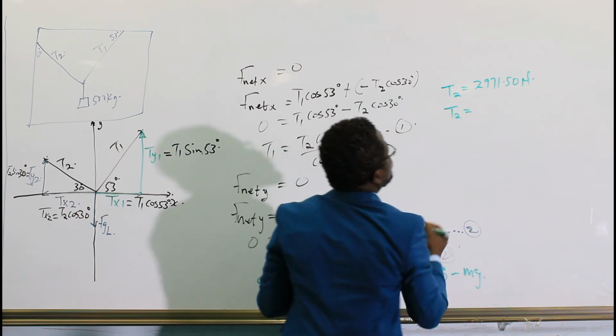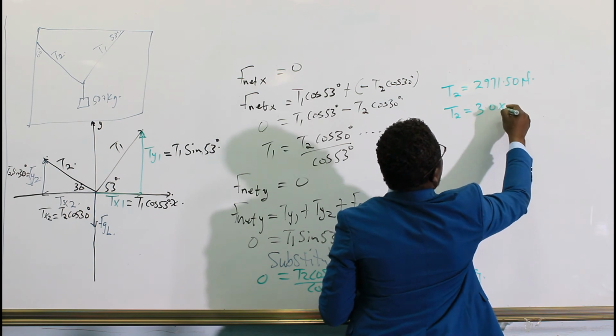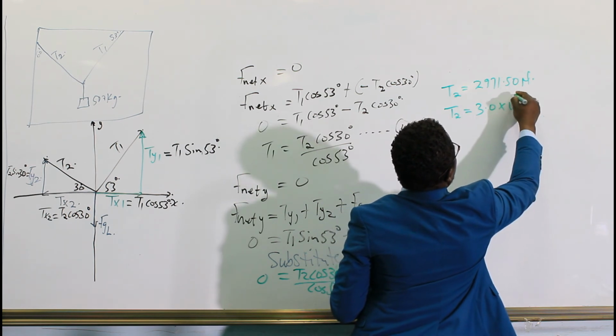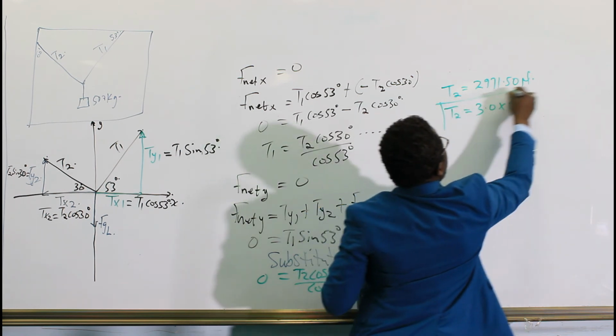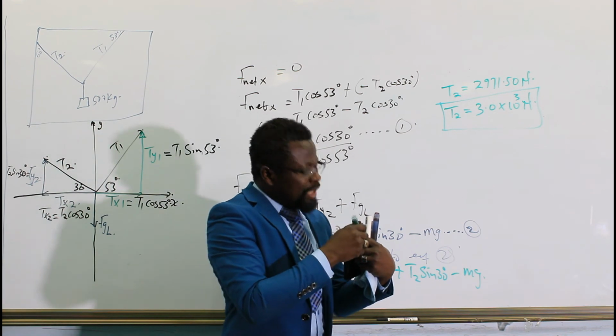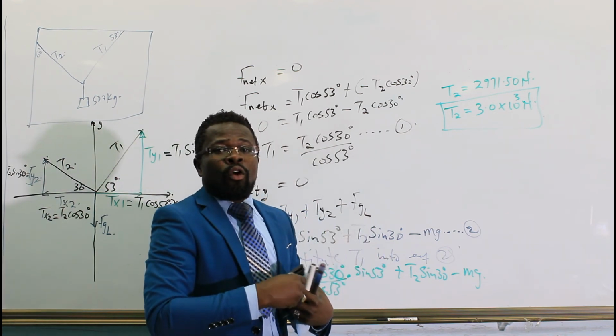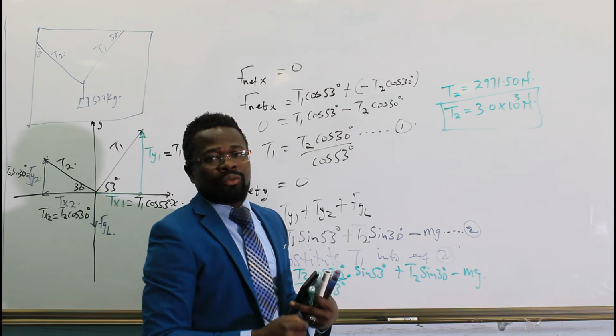T2 is now equal to 3.0 times 10 exponent 3 newtons, and that is the tension in rope 2, or cord 2, or cable 2.